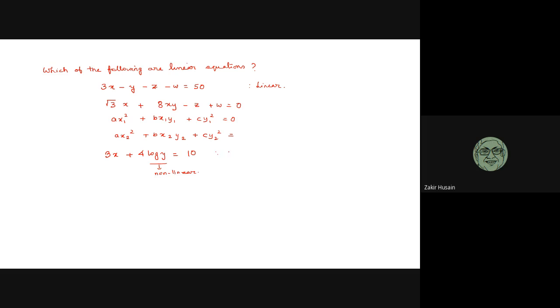But what we can do is we can say that z is equal to log y. In that case, this becomes, okay. So if you're talking about x and z, it is a linear equation system. But if you're talking about x and y, this is non-linear.